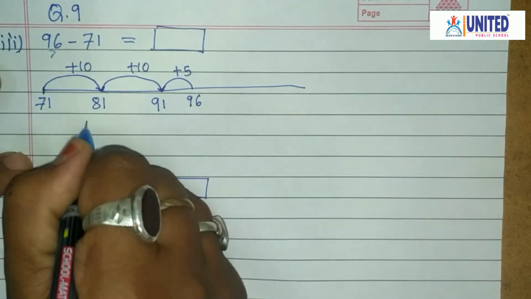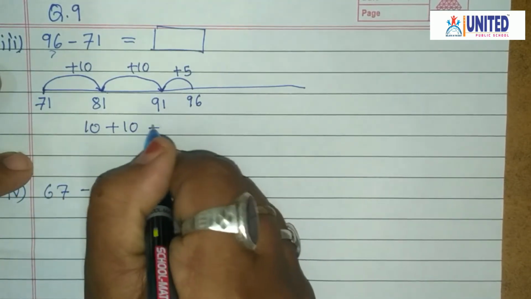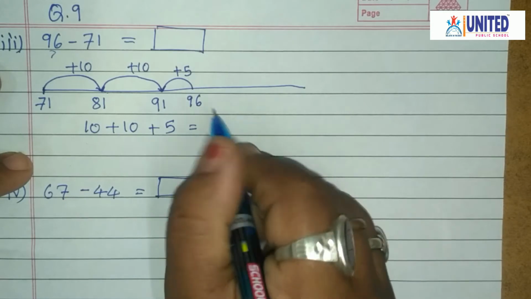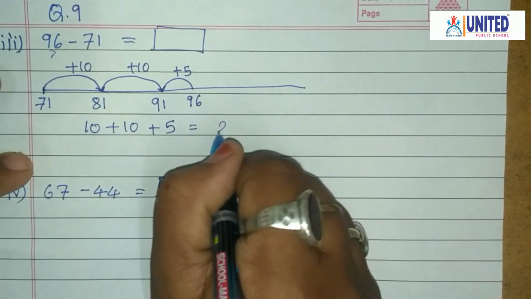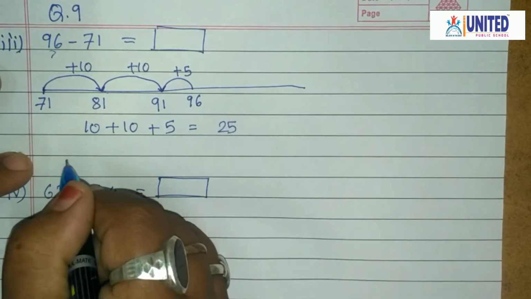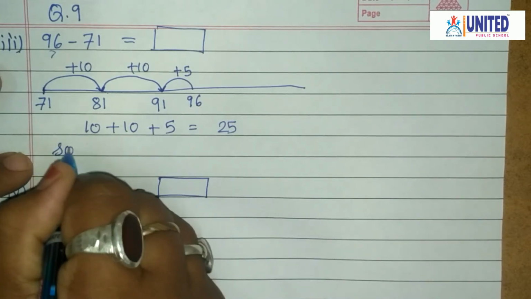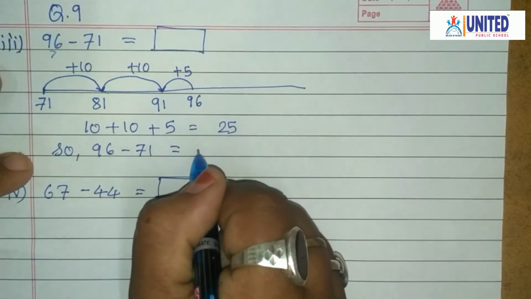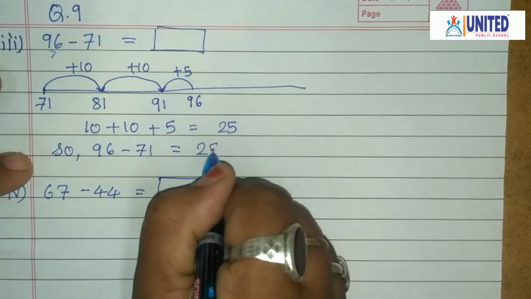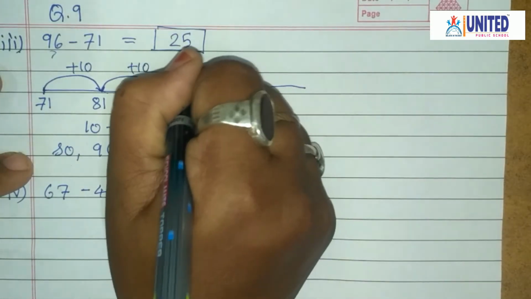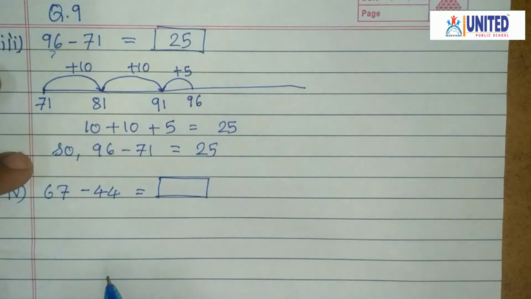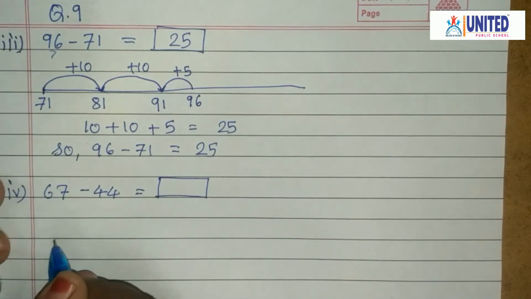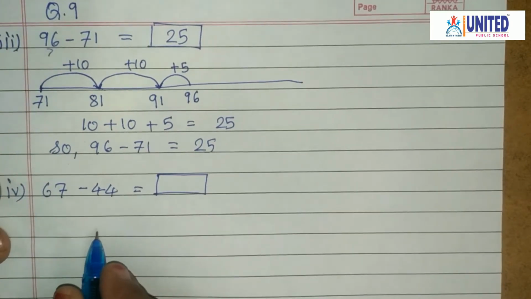So we write 10 plus 10 plus 5, that is what? 25. Okay, so we write 96 minus 71 is equal to 25, and in the box we also write 25.